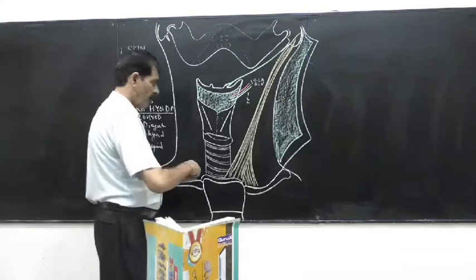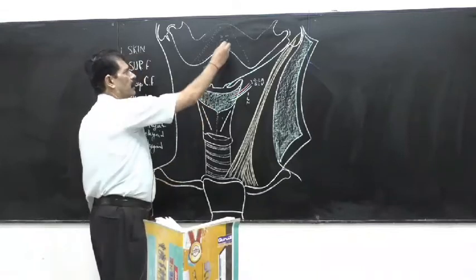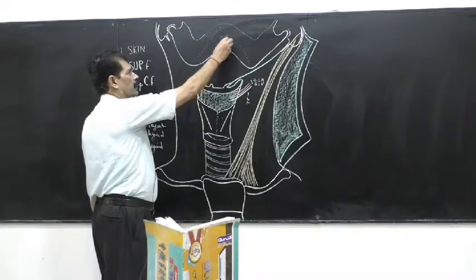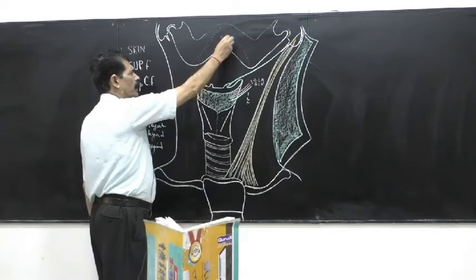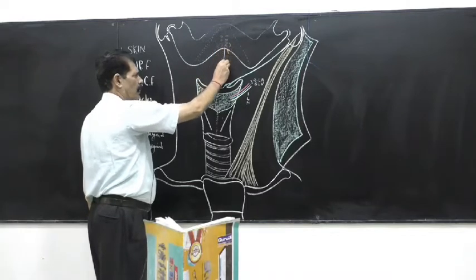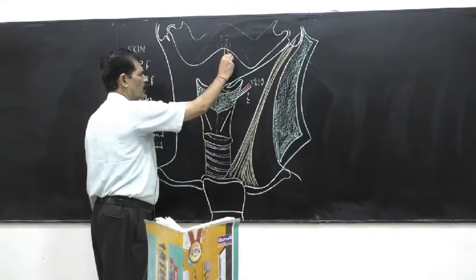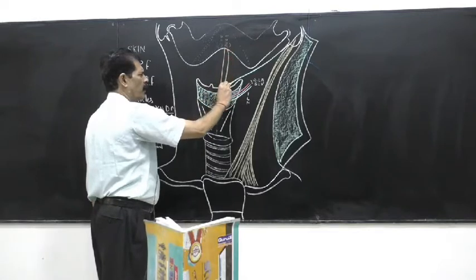And why is it so? Just see. The muscle from the inferior genial tubercle takes origin and it comes down and is inserted on the base of the lesser cornu in a U-shaped manner.